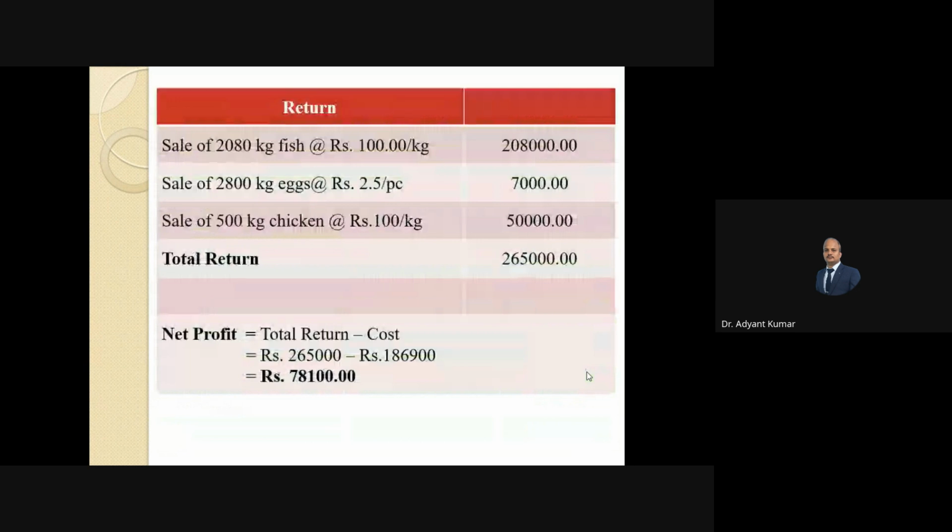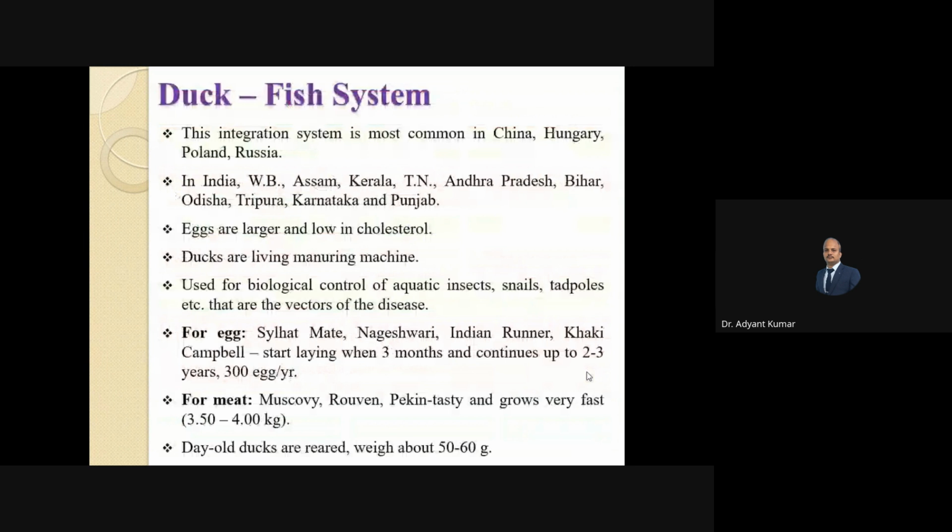But when we calculate the gross and net return, we will get a net profit of 78,100 and a gross return of 2,65,000 for the first year. But from next year onwards, the cost of production will reduce and net return will automatically become higher.